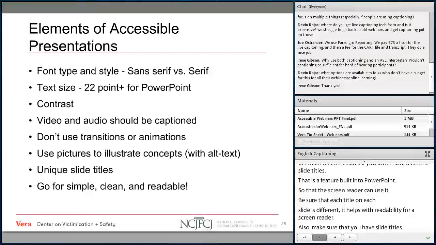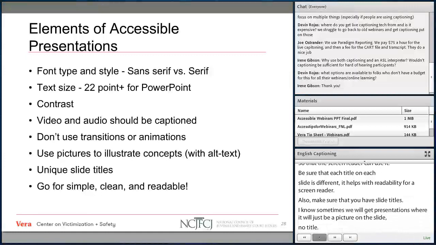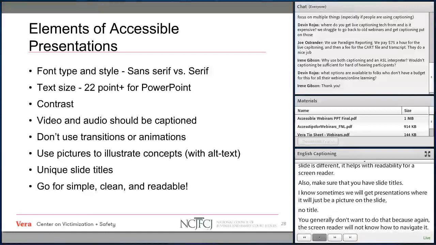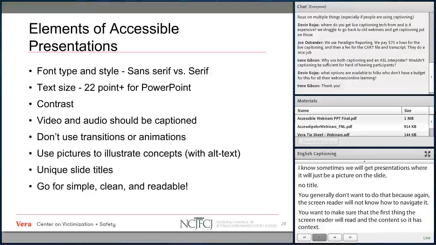You generally don't want to do that either because, again, the screen reader won't really know how to navigate it. You want to make sure that the title is the first thing that the screen reader will read and then your content, so that it has context. Again, just go for simple, clean, and readable. We want to make sure this information is accessible to the widest range of people.